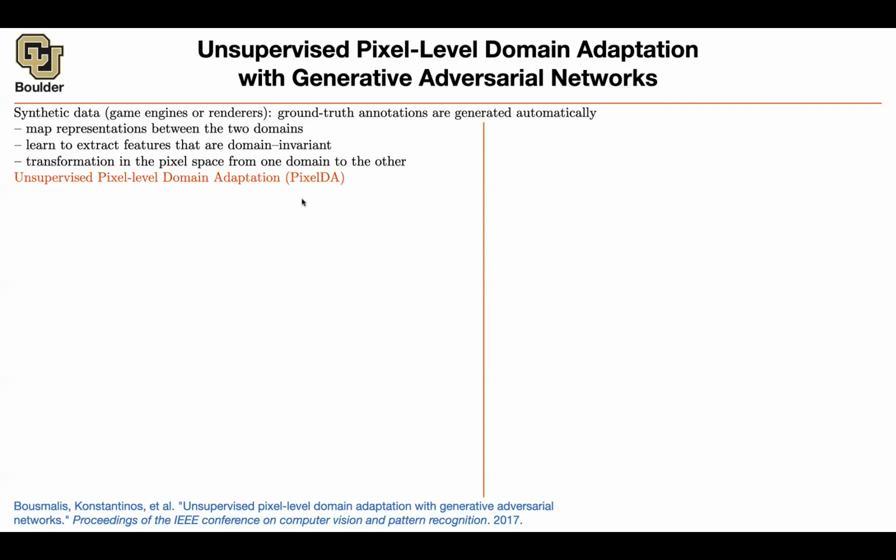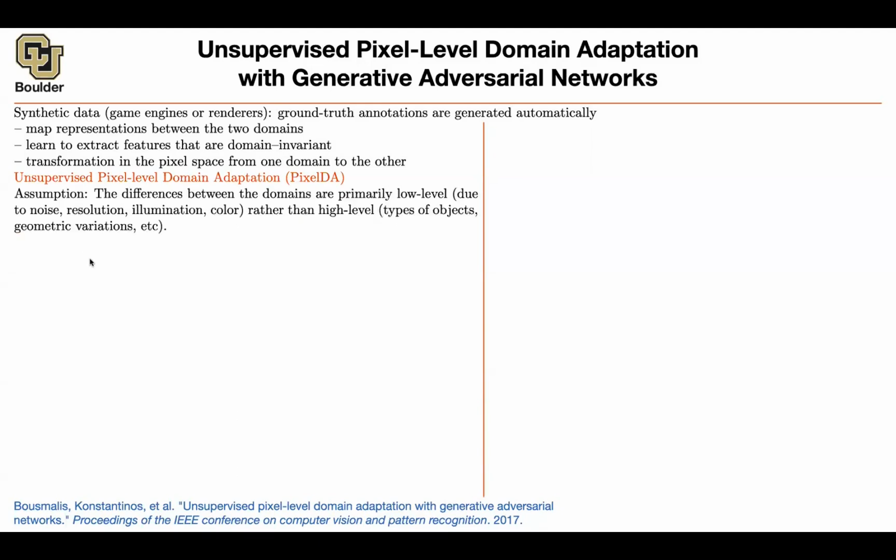The method is PixelDA. It's domain adaptation at the pixel level. This is going to be unsupervised. And this one is less flexible compared to trying to extract features that are domain invariant. This one has its use cases whenever this assumption holds, that the differences between the source domain and the target domain are because of low-level differences rather than high-level. What do I mean?